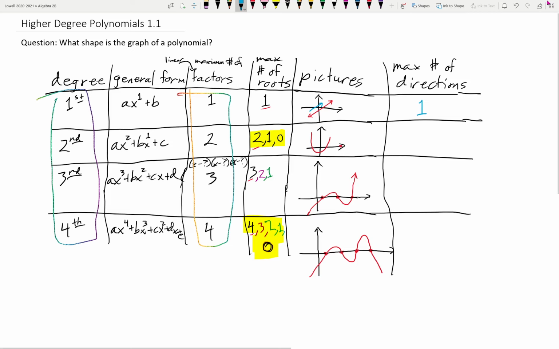If I look at a parabola now, it starts off, again, going left to right. It's decreasing until it hits the vertex, and then it's increasing. And so it goes through 2 directions, I'll call it. Alternatively, you could think of it as how many times does it change direction. A linear function never changes direction.